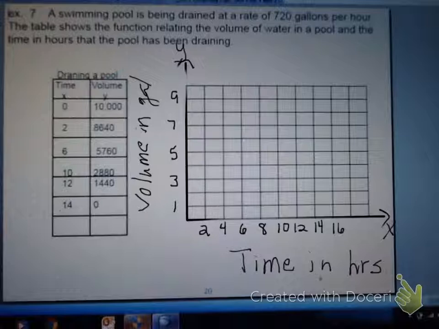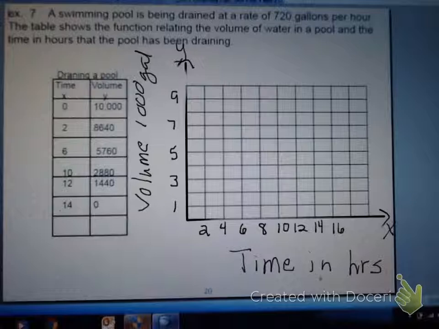Now, it needs to be in thousands. So when I go to make my table, I'm going to put volume, and you could do K or 1,000 gallons. Letting me know that this is 1,000, 2,000, 3,000, 5,000, so on.